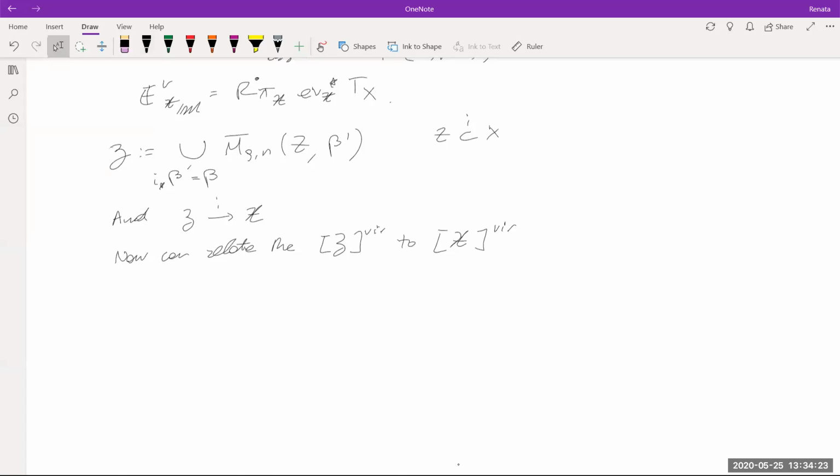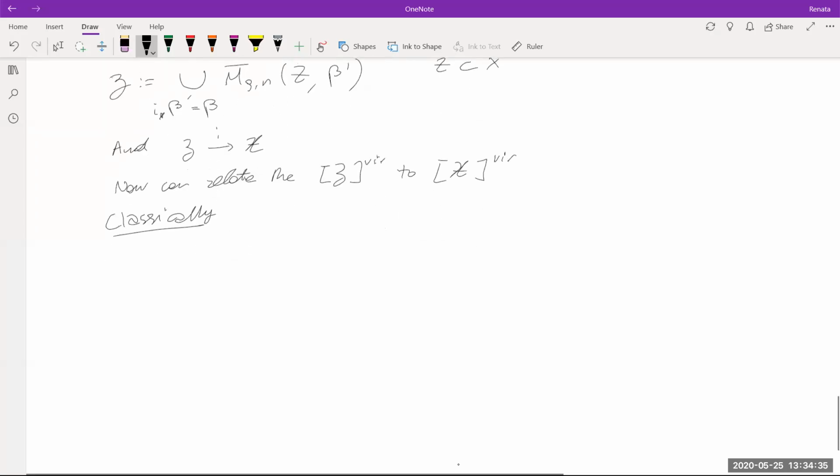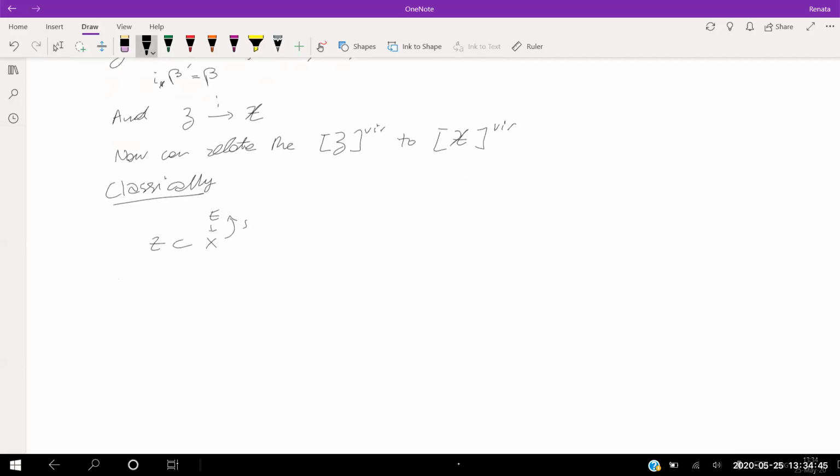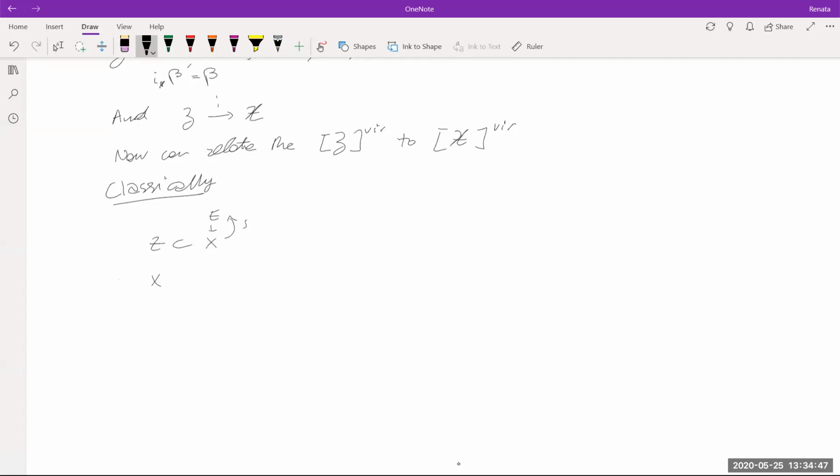Since virtual fundamental classes look like the classical picture of Gysin pullback, this works the same way as classically. So classically, the way this works is say that Z, as I described before, means that there's some Cartesian diagram like this.